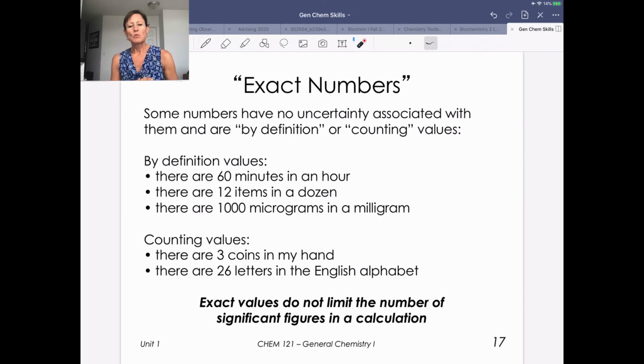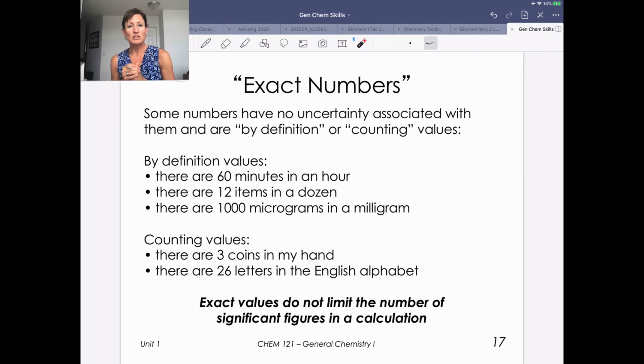Last thing to mention is exact numbers. Some numbers are what we call exact, so there's no uncertainty associated with them. Generally, these are going to be things that are definitional numbers or counting values. As some examples from things that we did, one case being 12 bottles, that 12 doesn't play into our significant figures because that's an exact number.